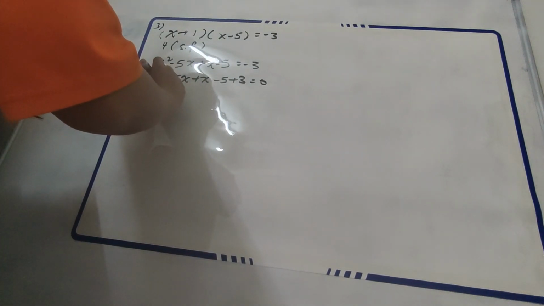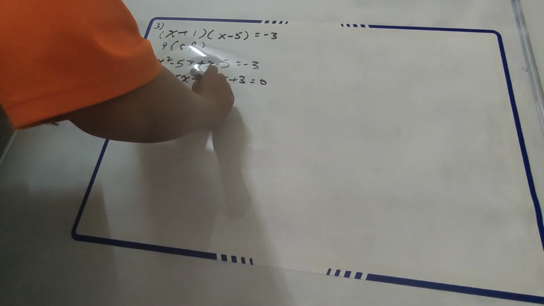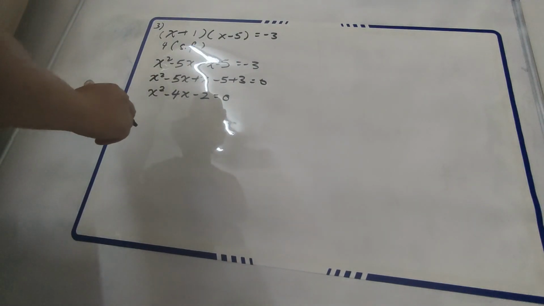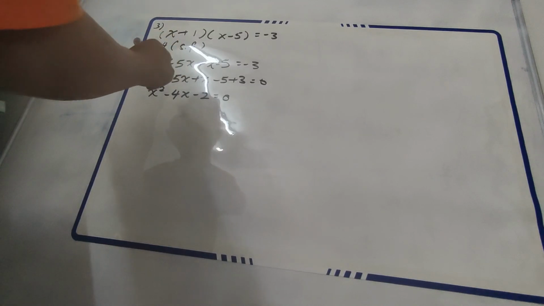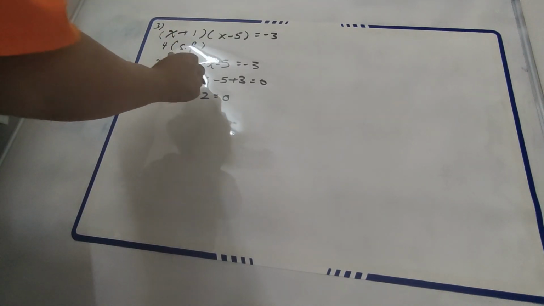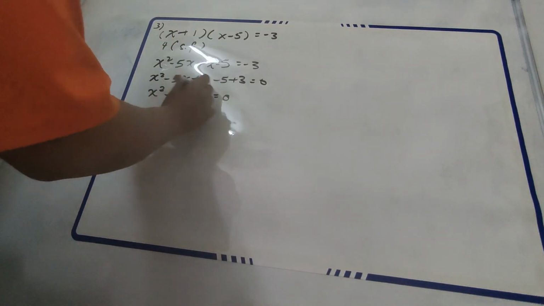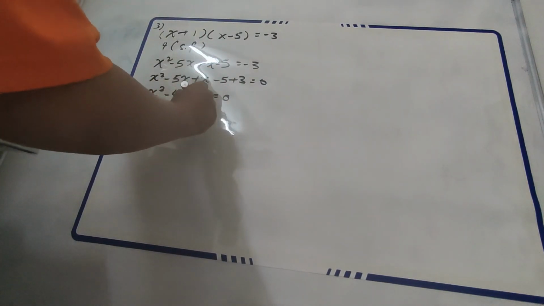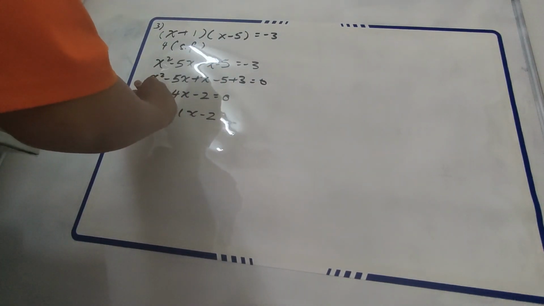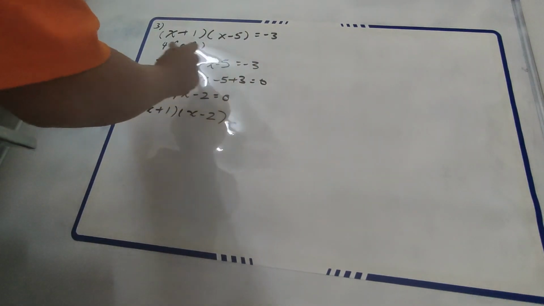Your complete quadratic equation should be x squared minus 4x minus 2 equals 0. This is very hard to factorize, because whenever you try, minus 2 plus 1 also cannot get this quadratic equation.